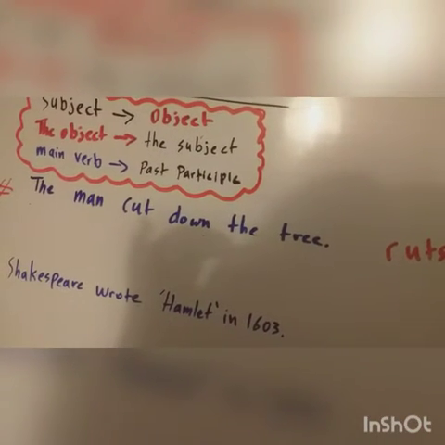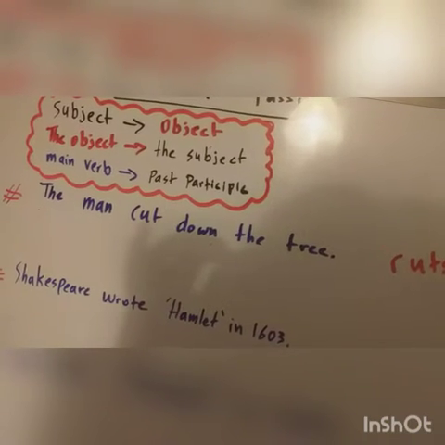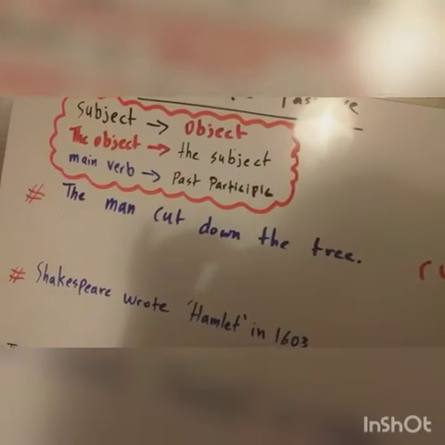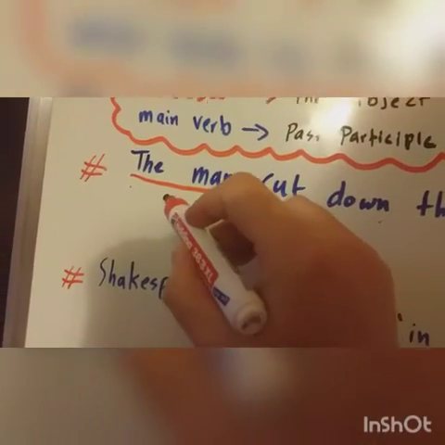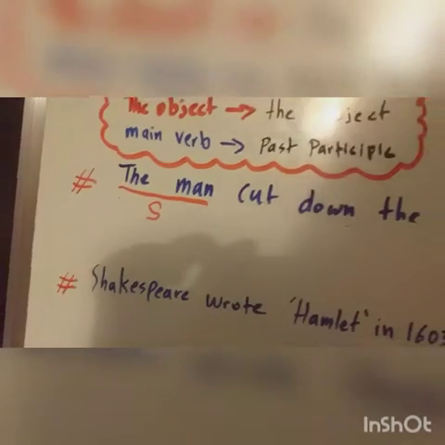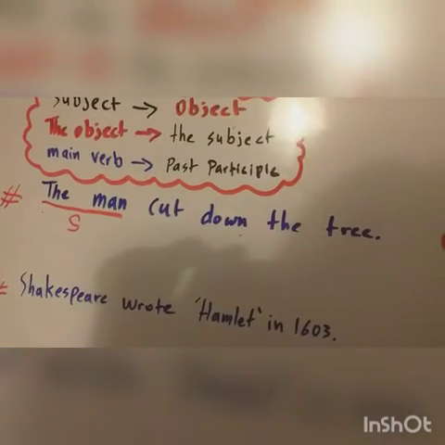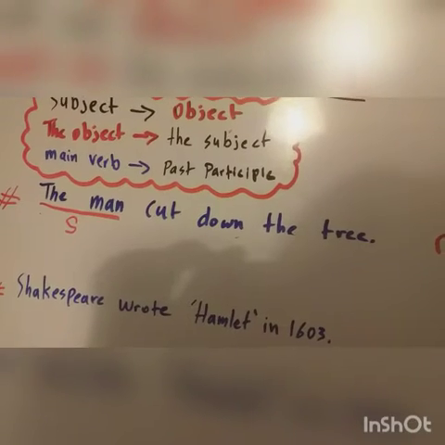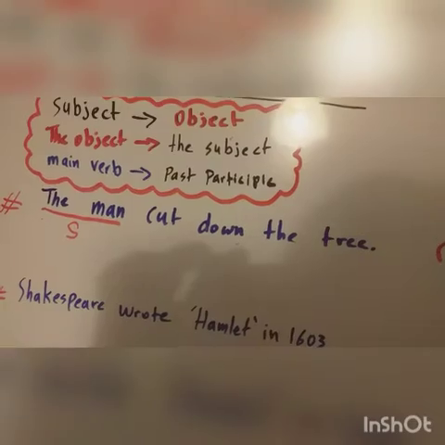Let's ask a question. Who is doing the action? Who is the subject? In this case, we have the man. So the man is the doer of the action and he is the subject. What is the action?